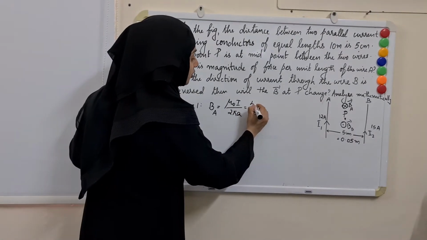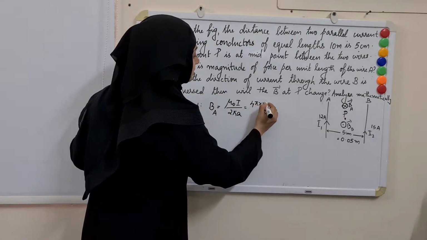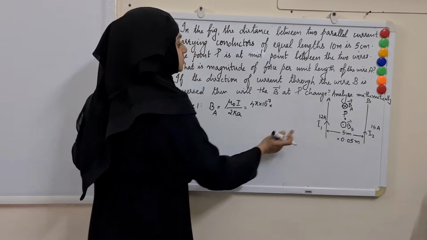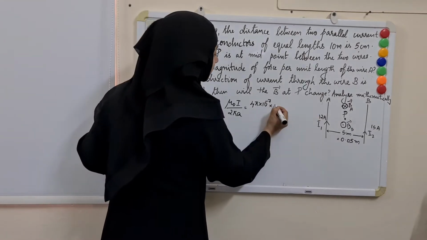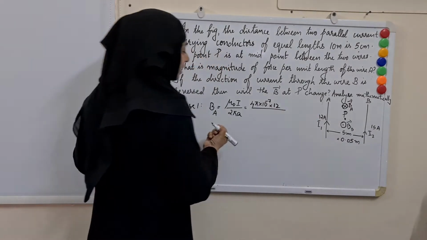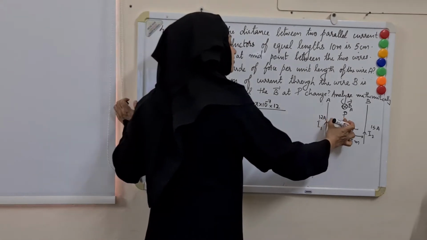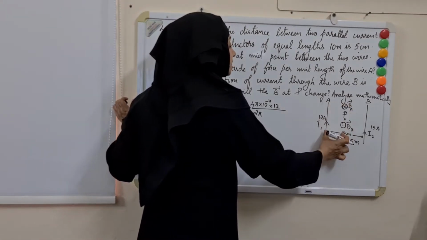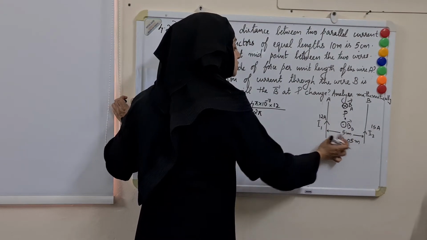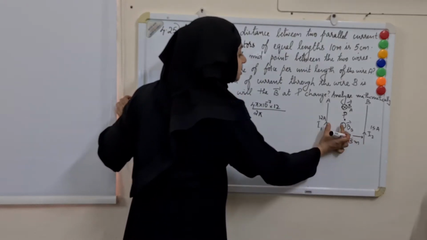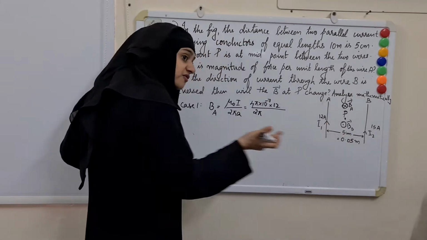It's 4 pi into 10 raised to minus 7 times, what is the current in A? 12. Divided by 2 pi, and what is the distance of the point P from this wire? We saw this total distance is 5 centimeters, so this distance should be half of that.